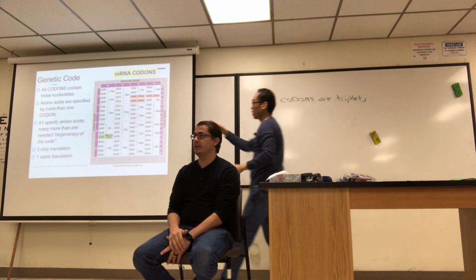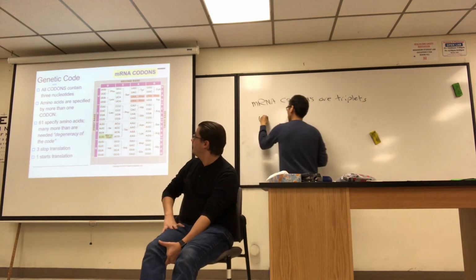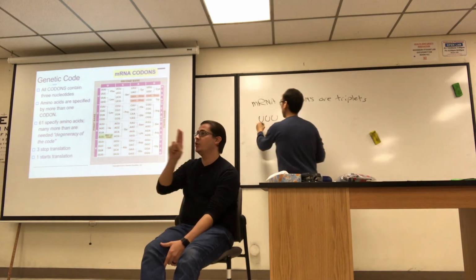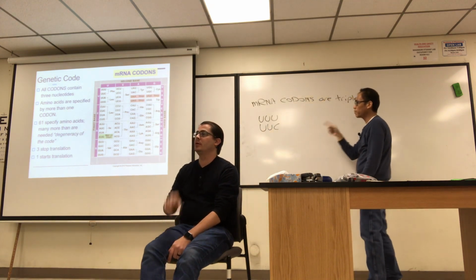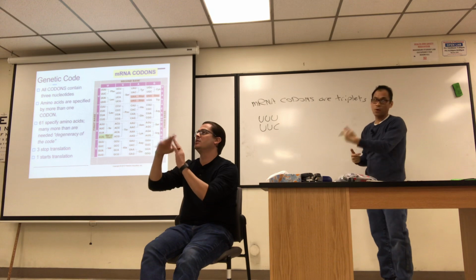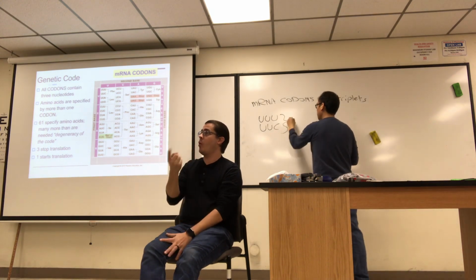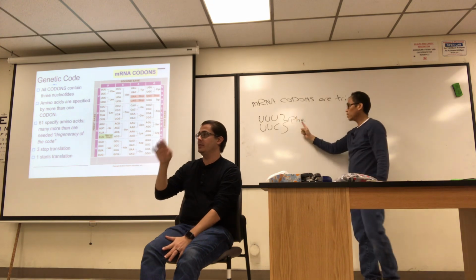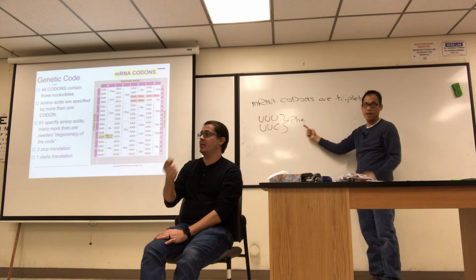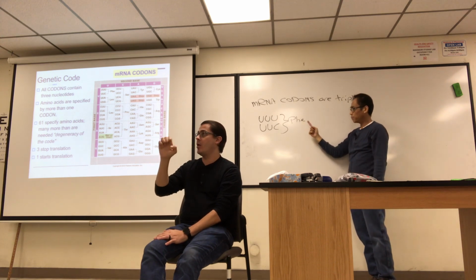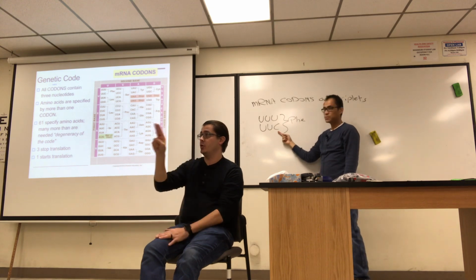For example, look at the top left. Uracil, uracil, uracil. Uracil, uracil, cytosine. UUU and UUC are different, but they both code for 1 amino acid, phenylalanine, PHE. These are 3-letter abbreviations for the amino acids. This is 1 amino acid, and the code to put it in a sequence is either UUU or UUC.